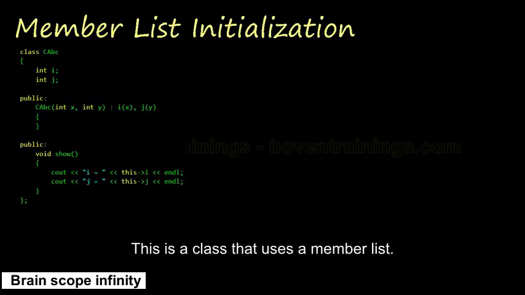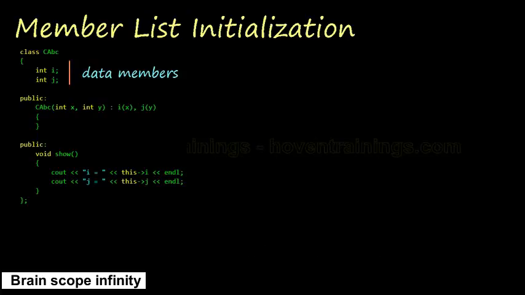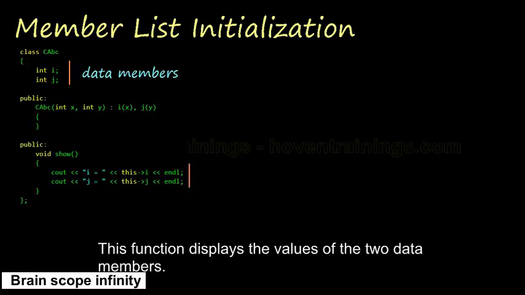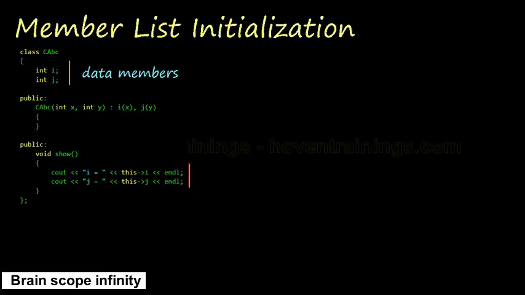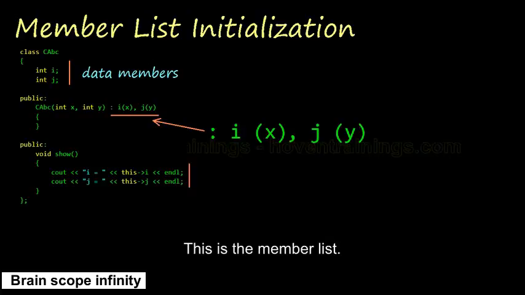This is a class that uses a member list. These are the two data members. This function displays the values of the two data members. This is the member list.